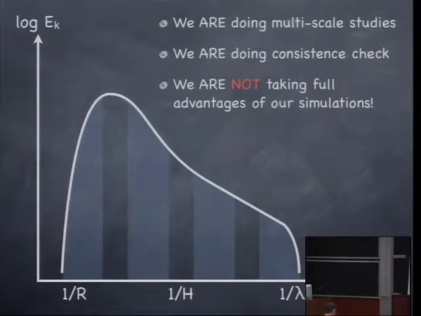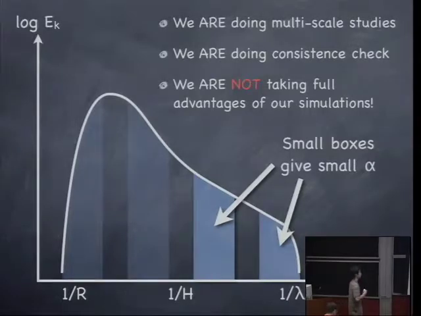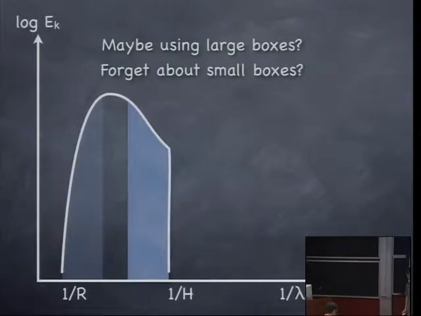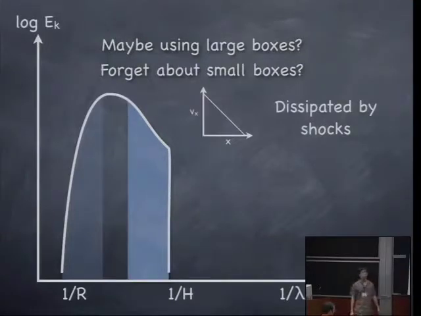However, there is so much data in this region, but we haven't taken advantage of it. So if I take Pessah's point again, the small box gives us too small alpha. Probably we can throw them away and just do the large box. Will this work? Let's take a simple example.